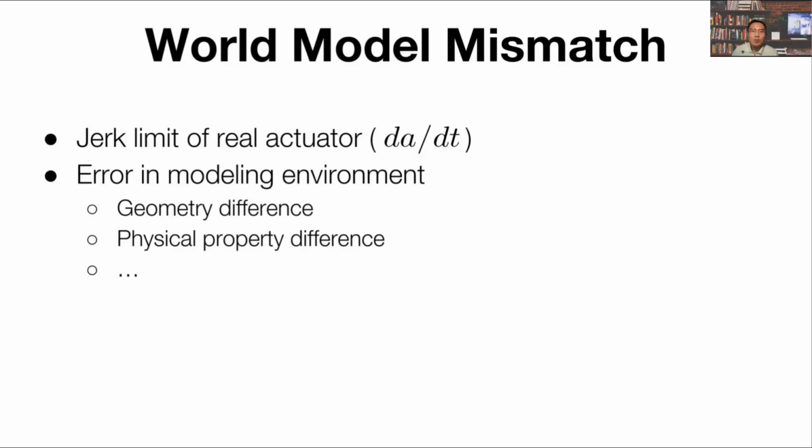But most robot simulation environments do not consider this limitation. However, it can be an important factor for high dynamic scenes. Besides the physics model, the geometry and dynamic parameters can also be different between sim and real. Some of these errors can be eliminated through system identification.